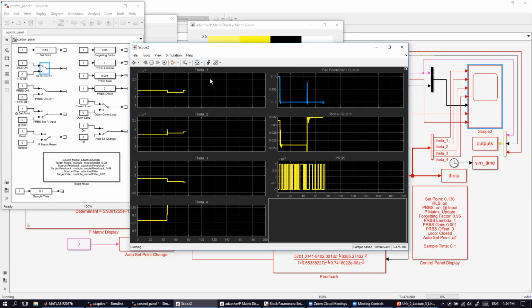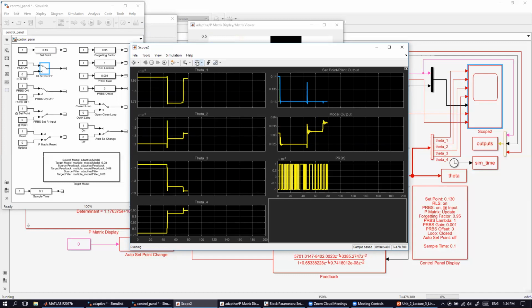And you see here it's doing something which it shouldn't. Now you see the model output. Okay, now at this high operating point, the controller has been retuned. It has new controller parameters.